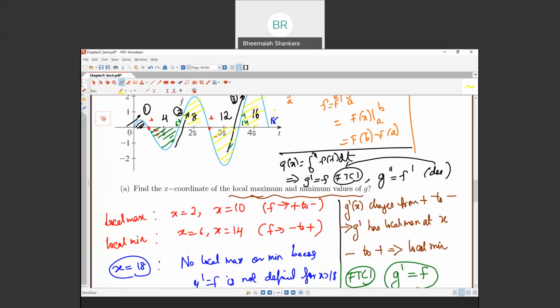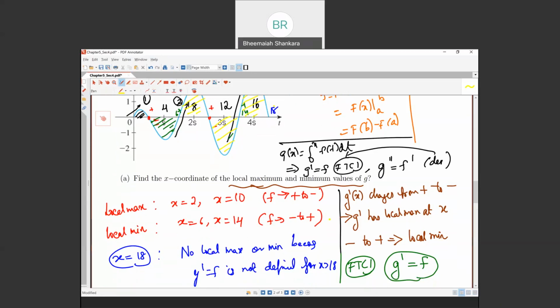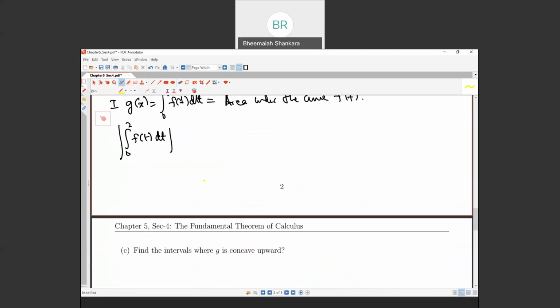We see the least is 0 to 2, and then as we increase the size of the interval, the area becomes more and more. So we are good to write that the area under the curve 0 to 2 of f(t) dt is bounded below by the area under the curve 2 to 6 of f(t) dt.